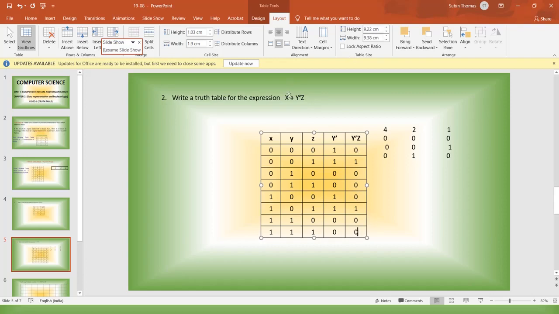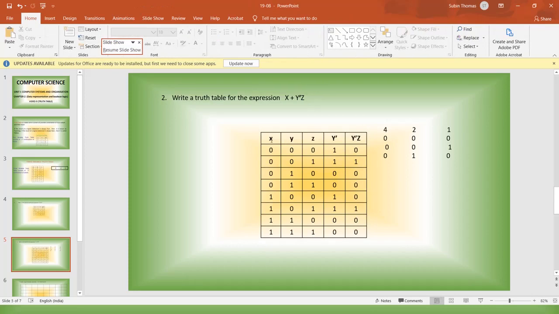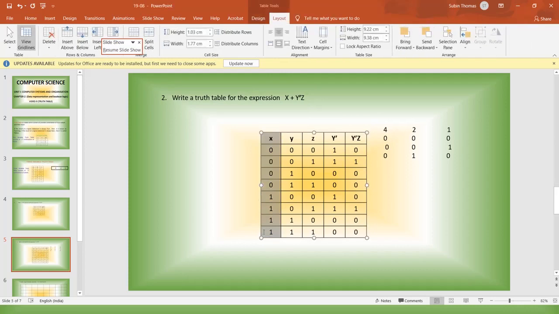And the next one is x plus y complement z. Y complement z, you got this column. And x is here. You want to add these two columns. So that is this column and this column. This one is this column and the next one is this column.